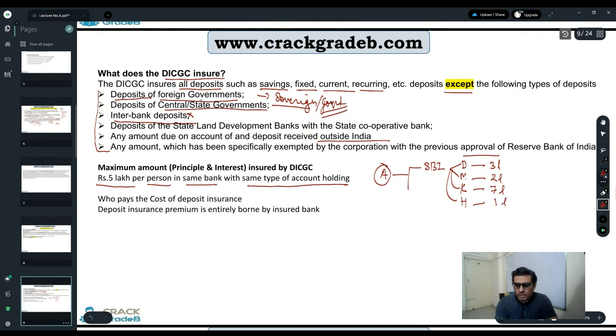So in total how much does he have? 13 lakhs. But how much is going to be insured? That is 5 lakh. 5 lakh per person.